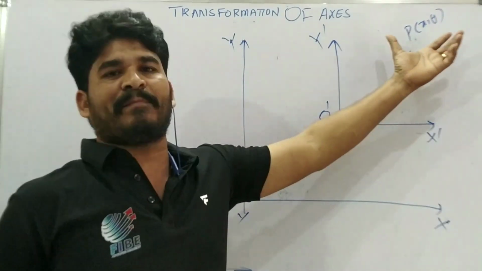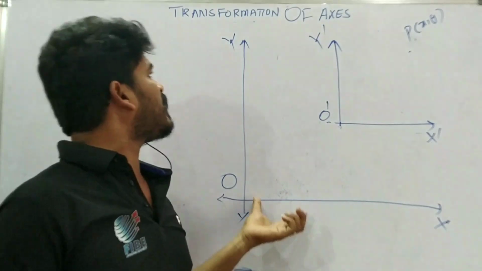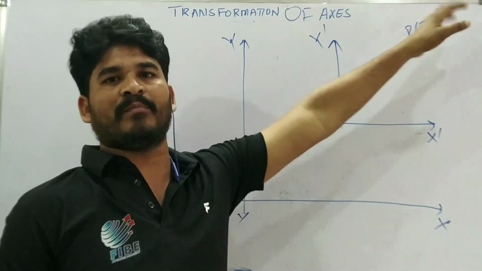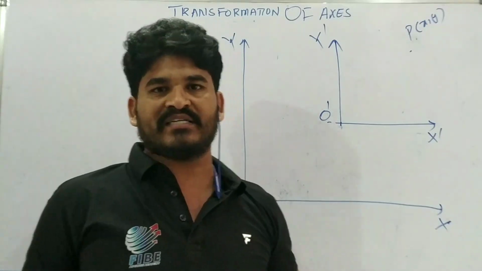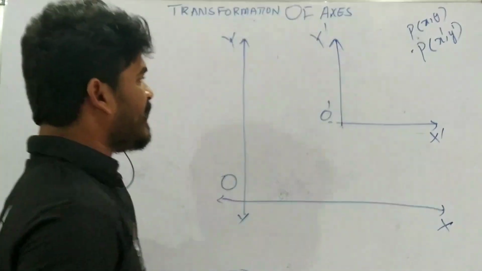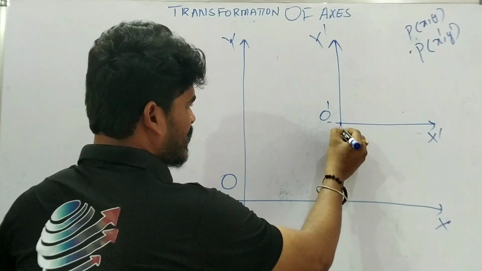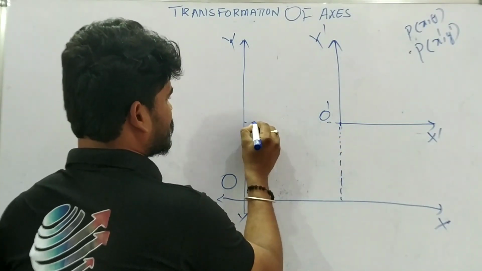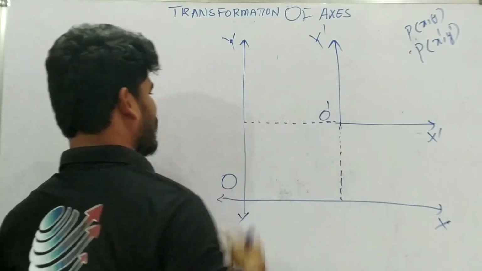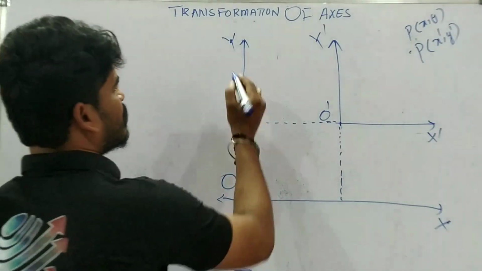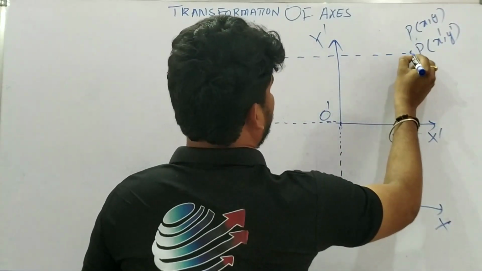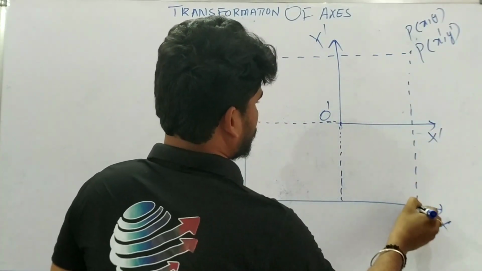We know what P (x, y) is: x is the abscissa and y is the ordinate. Right here, draw a parallel to the x axis, and in the same way a parallel to the y axis. The point P is like this.